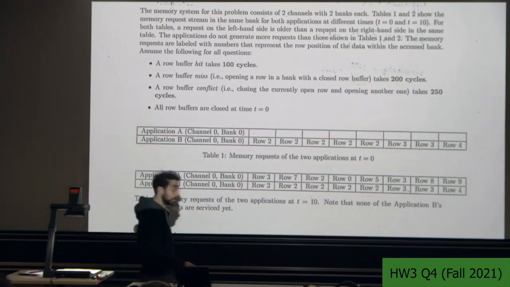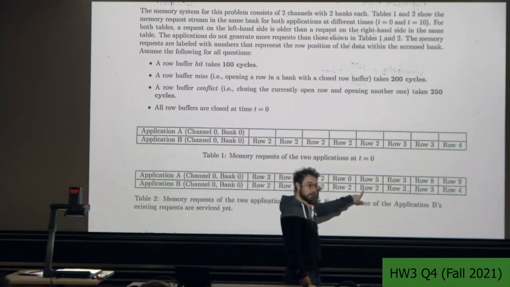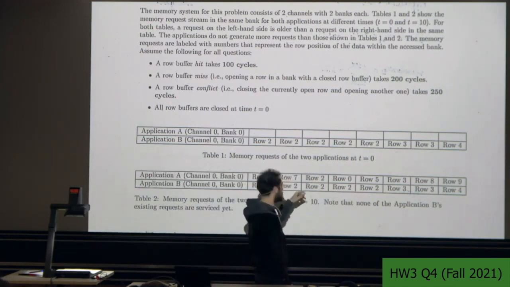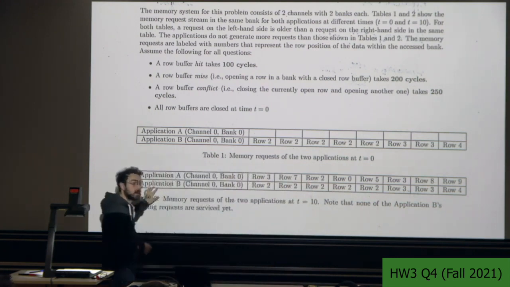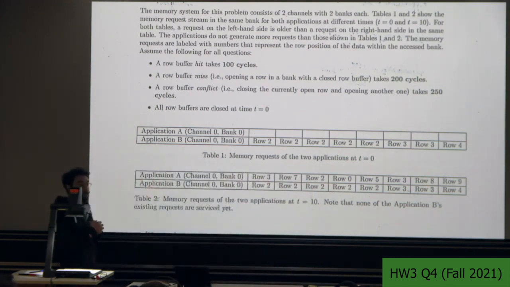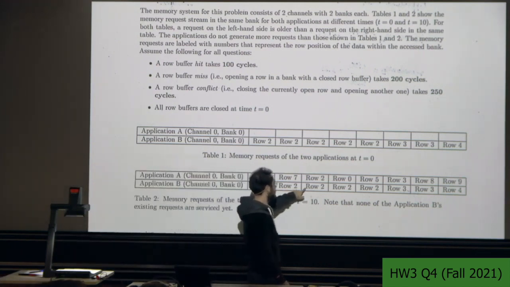So if we do 5, it's 1, 2, 3, 4, 5. Application B is blacklisted. We execute row 2, and then the same thing. So application B will be blacklisted if the threshold is below 6. So we need at least n equals 6, because if we have n equals 6, we will do 1, 2, 3, 4, 5.